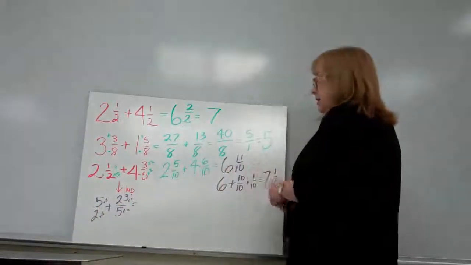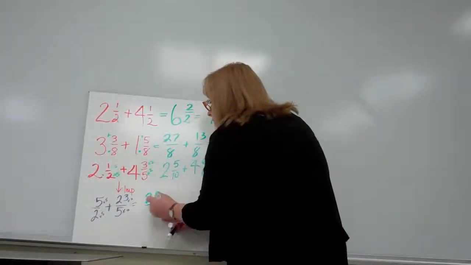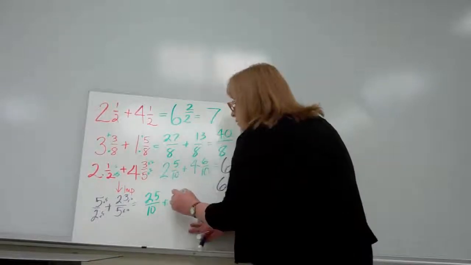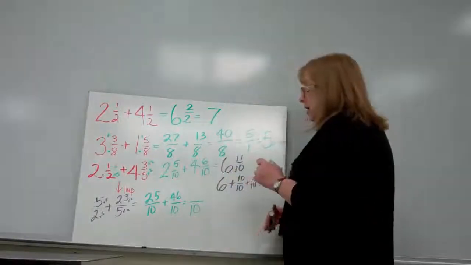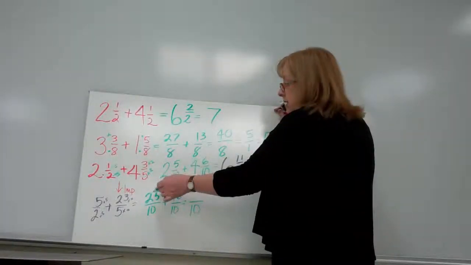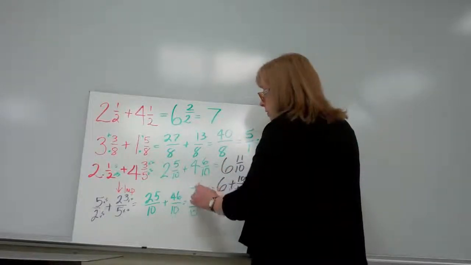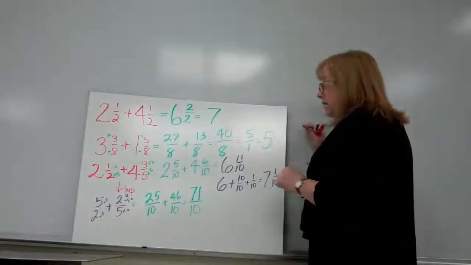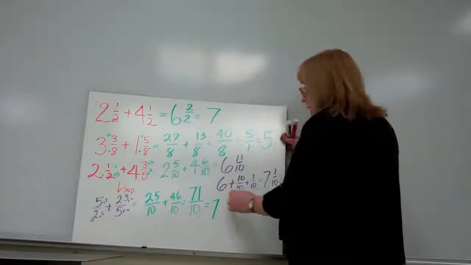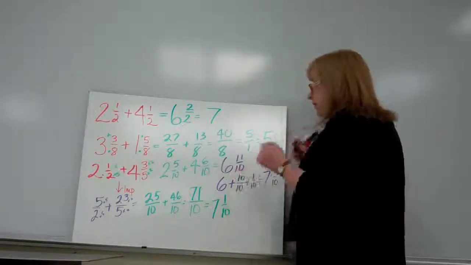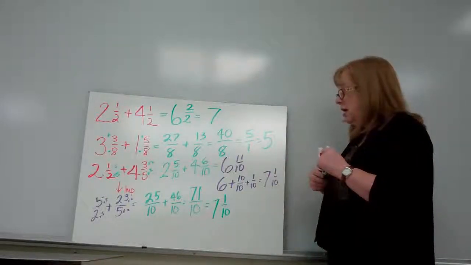And I will get 25 over 10 plus 46 over 10, which will give me 20 and 40 is 60, and 5 and 6 is 11, so I'll have 60, 71. All right, I can divide 10 into 71 and get 7 and 1/10 left over. It is simplified. We can check it as we go, or we can check it right at the end.